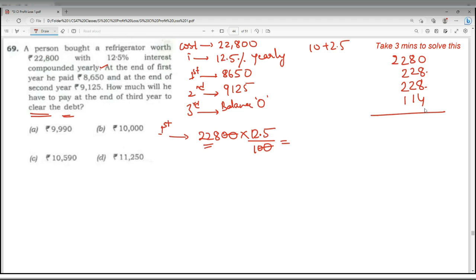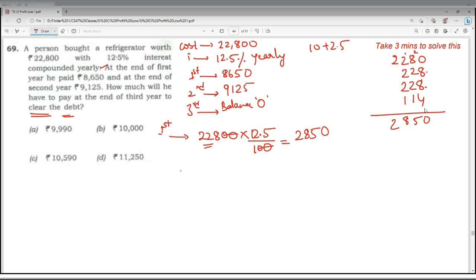So I would add these up, and the interest is 2850. So he had to pay 2850 as interest.